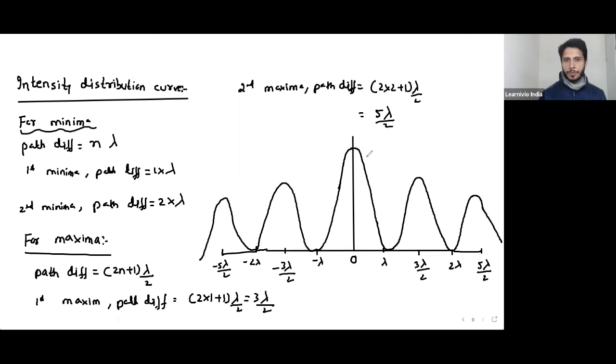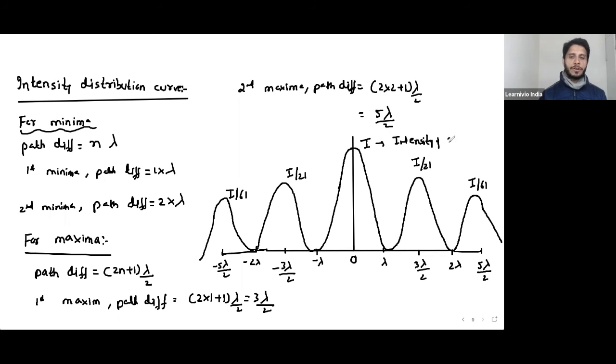So if you can see from the graph that at central maxima, the intensity is maximum. The intensity of next maxima is exactly 1 by 21 of the central maxima. Then this is 1 by 61 of the intensity of central maxima. Similarly here, 1 by 21 and 1 by 61, where I here is intensity of central maxima.